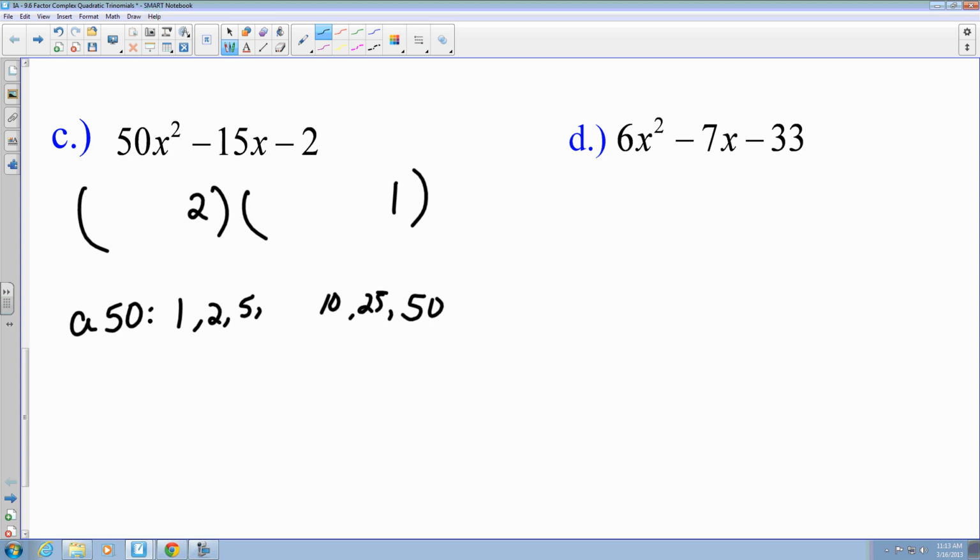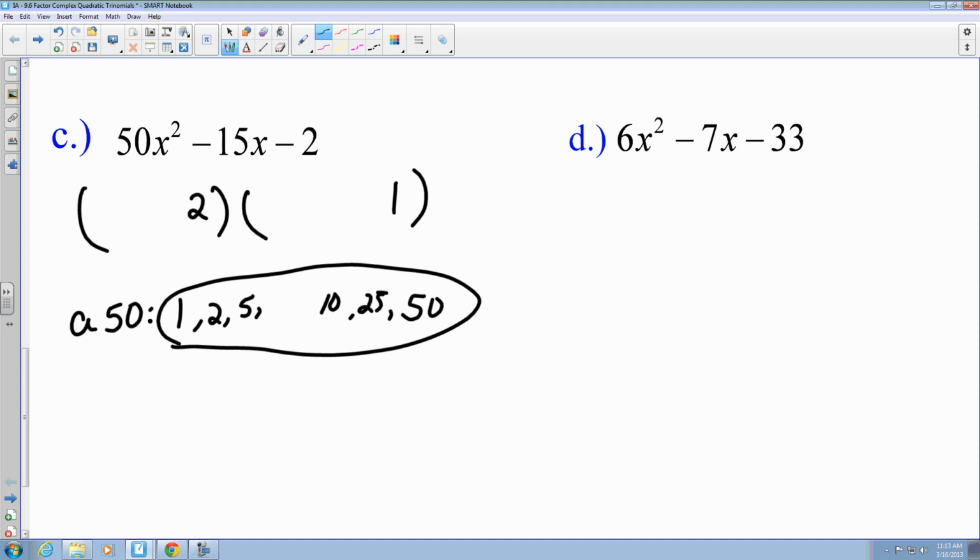And then I think that might be it. So when we're dealing with this, any value combination here, I can put into the front of my parenthesis.